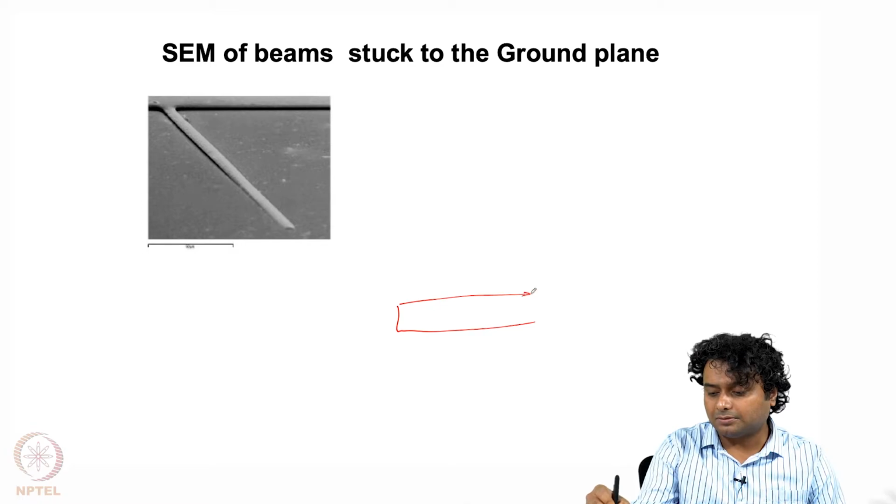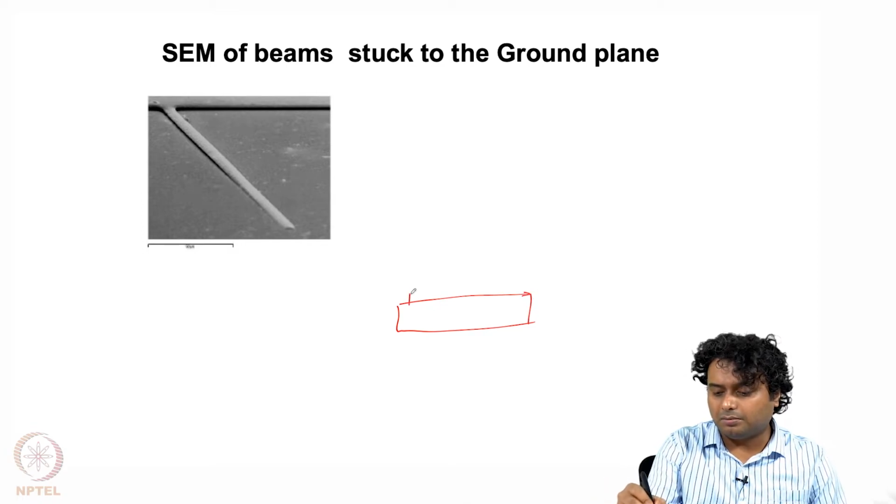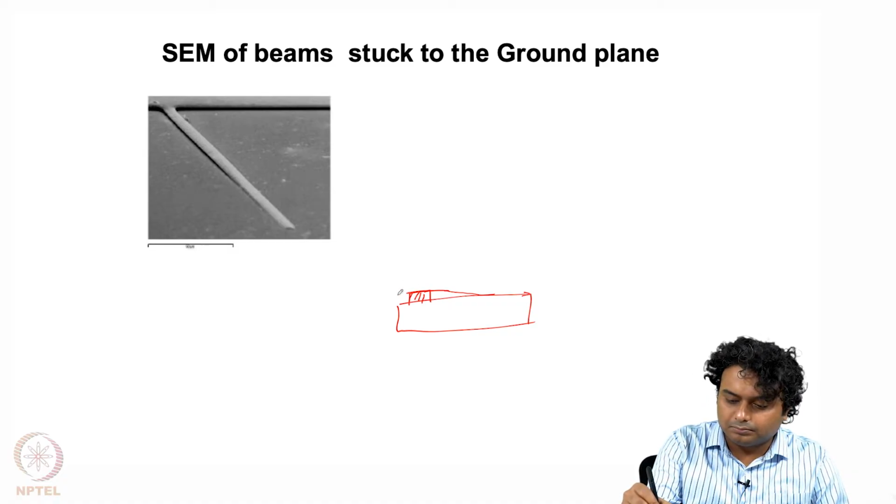So, let us say this is the substrate, and then you have the anchor here. Here it will not be stuck, but at the tip side it will try to come down.